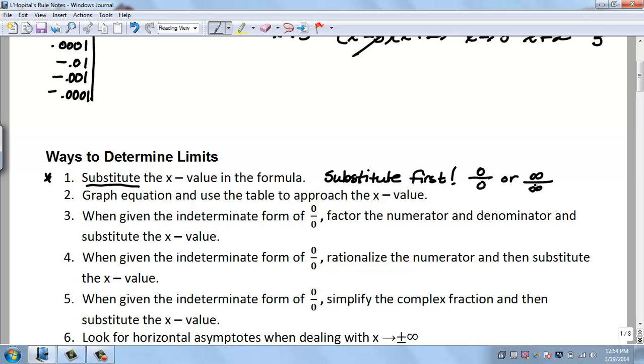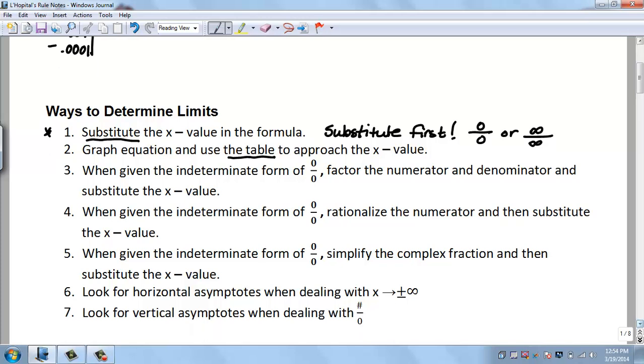We also graphed the equation and used the table, which I demonstrated above. When we had this 0 over 0 indeterminate form, sometimes we factored the numerator and denominator, which I already illustrated. Sometimes we rationalized the numerator if we had a radical, and we also simplified complex fractions.